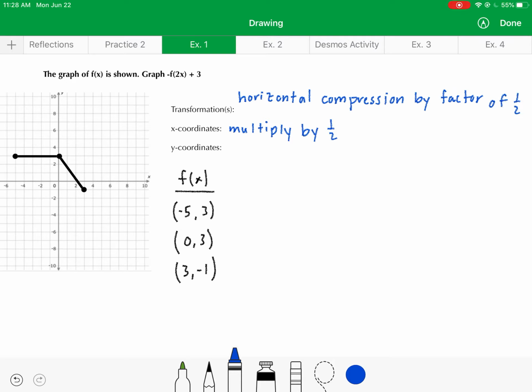Okay, so let's make a second column down here. This is going to represent points for f of 2x. So all the points that are in black there, we're now going to rewrite them with their x coordinates having been multiplied by 1/2.